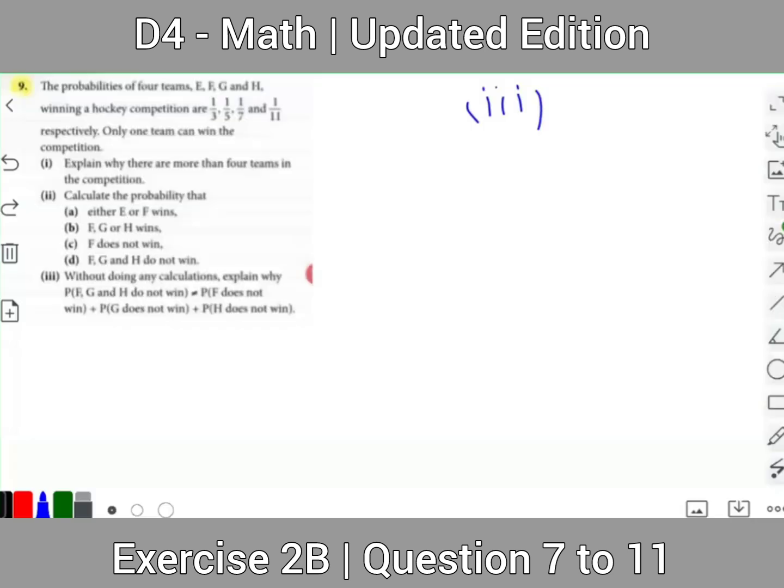Now in the part 3, without doing any calculations, explain why the probability of F, G, and H do not win does not equal probability of F does not win plus probability of G does not win plus probability of H does not win.